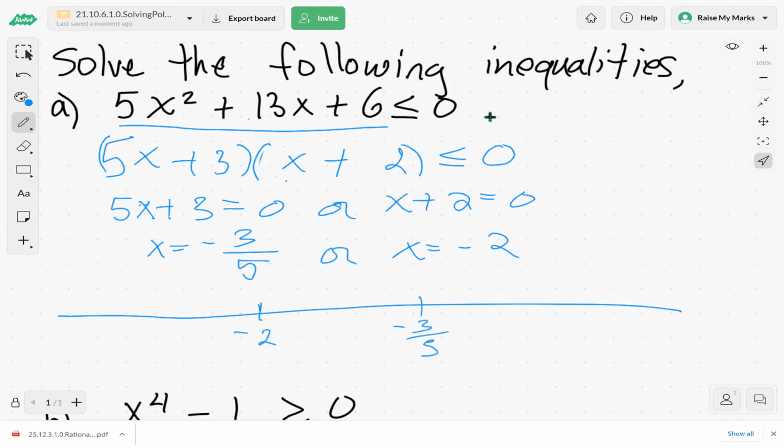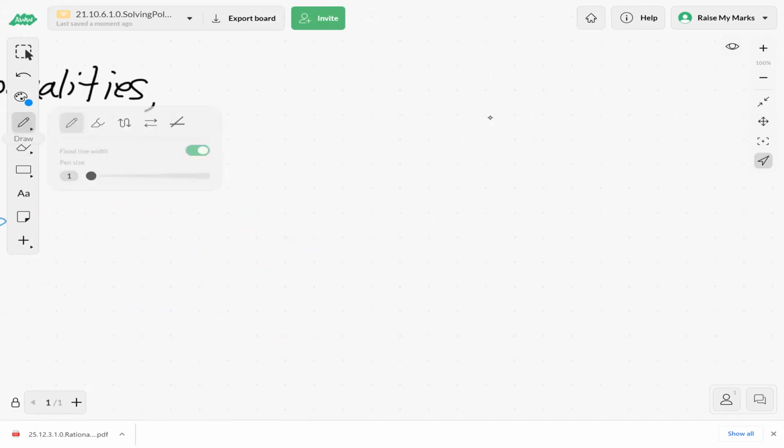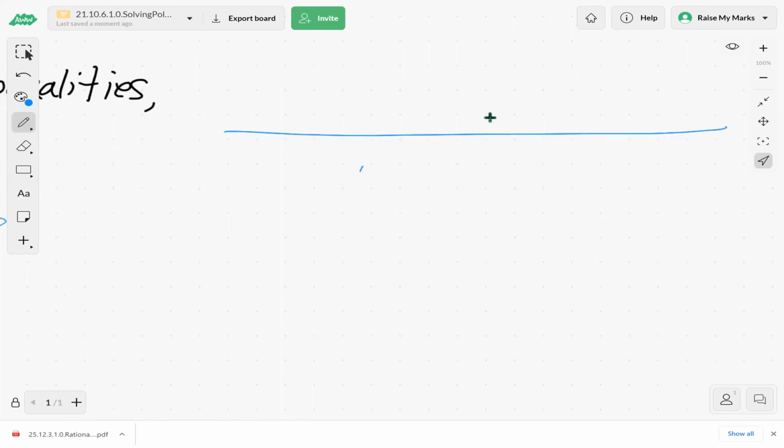Let's rewrite this over to the right-hand side, and then we can work with our intervals and our factors. So we're going to break up the real line into intervals.